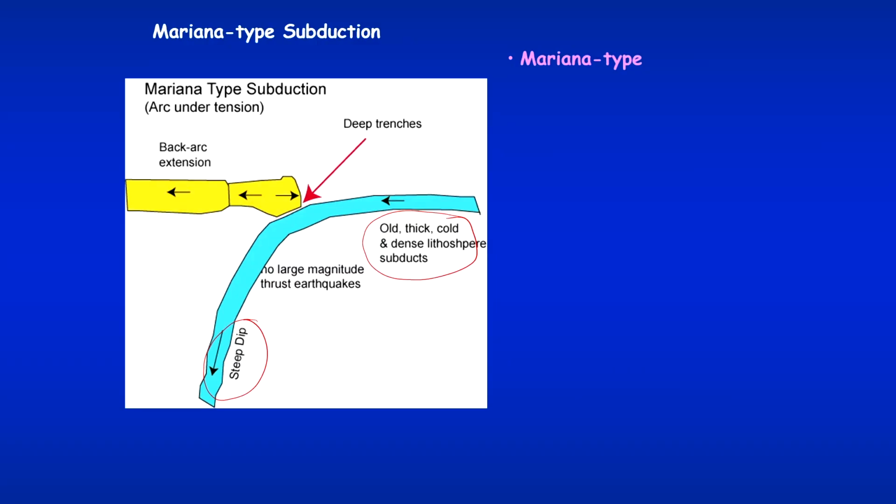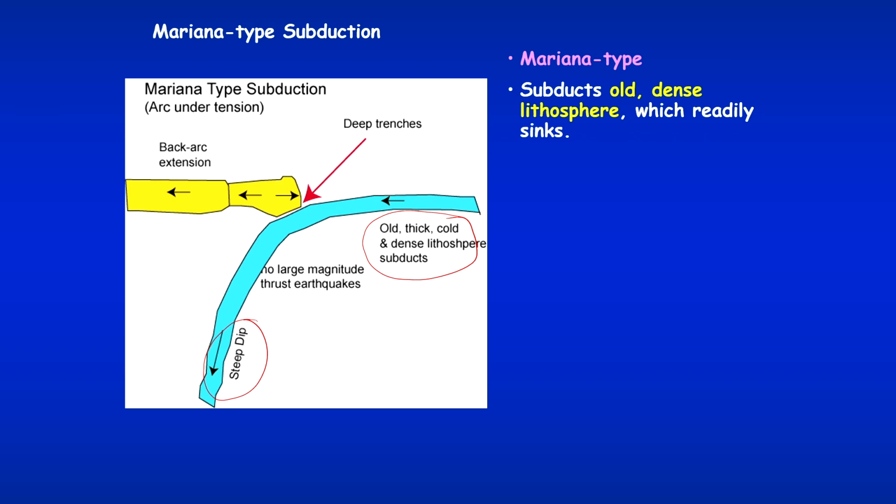So, that will result into a sort of rollback here, and mostly what we see is that major earthquakes will not be coming across here, because the interaction between the two plates is not much as what we have seen in the shallowly dipping plates.